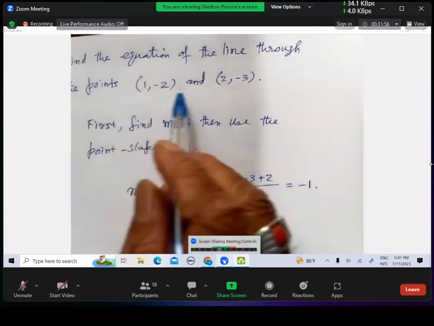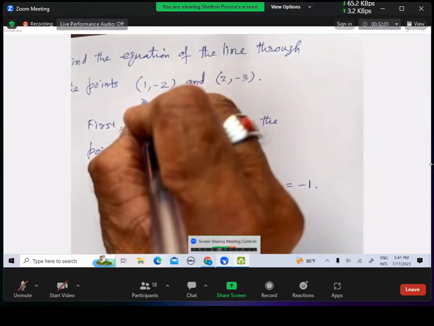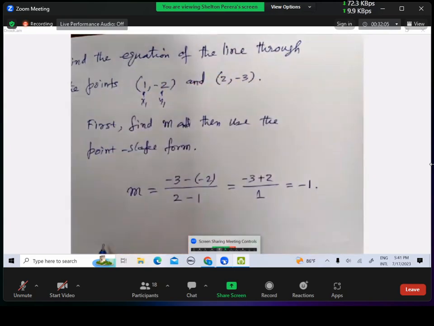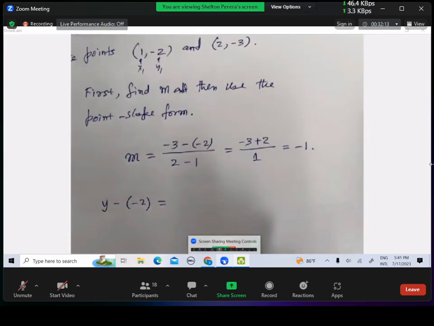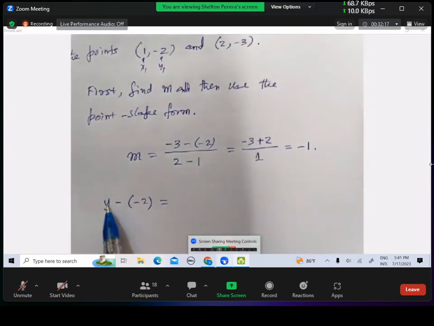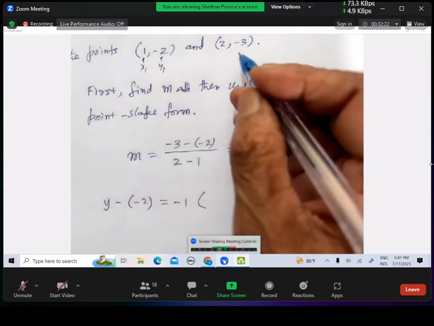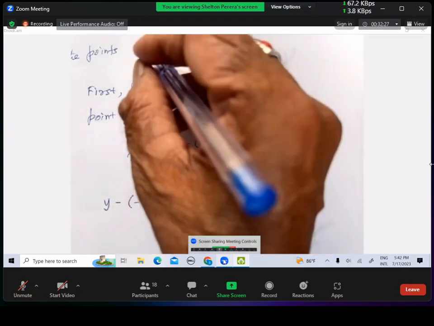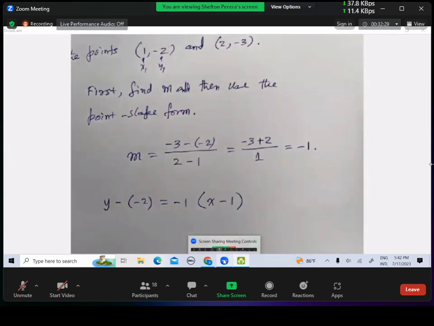Now pick one of these two to be x1, y1. Use the point slope form. y minus y1 equals m times (x minus x1). y minus -2 equals -1 times (x minus 1).